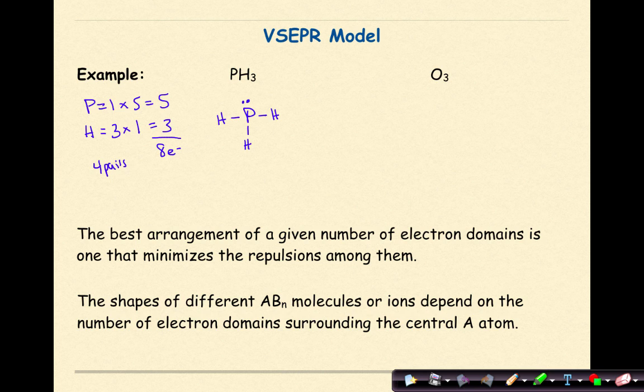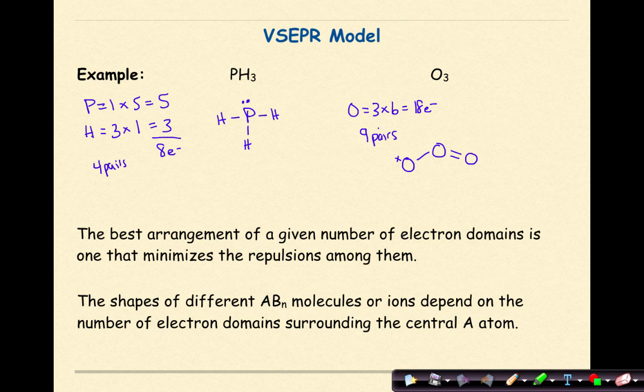So 4 electron domains in this particular molecule, if you include the bonding pairs and the non-bonding pairs. Ozone is another example. So oxygen, we have 3 of them, 6 valence electrons apiece, that's 18 electrons, which gives me 9 pairs to work with. We've worked with this particular model before because we've talked about resonance structures. So I'm going to just draw it out, and I'd say, okay, I have a central atom. I know that I'm going to have a double bond in here to an oxygen, another oxygen over here.